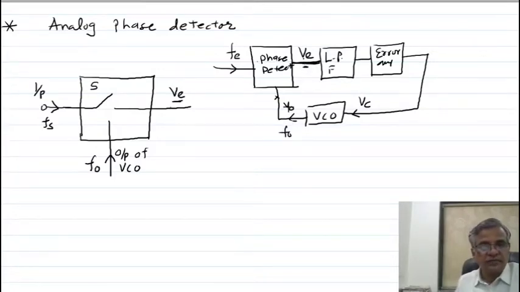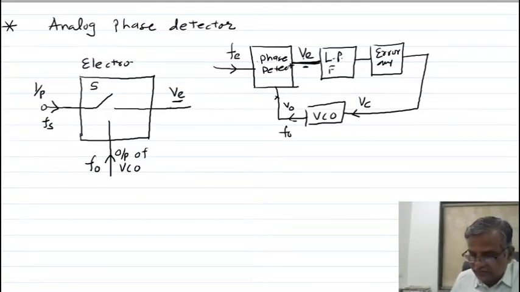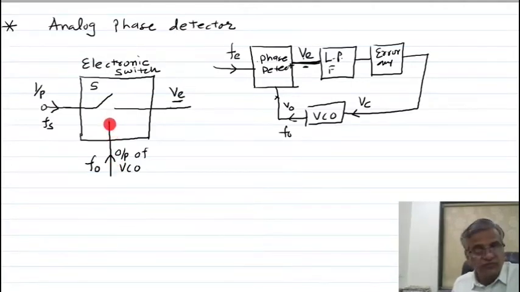Now listen, the symbolic representation of the analog type phase detector is as shown in the figure. This is the electronic switch. This is the input signal, this is the output of VCO, and as a result you will get the output of the phase detector, which I have written as VE.